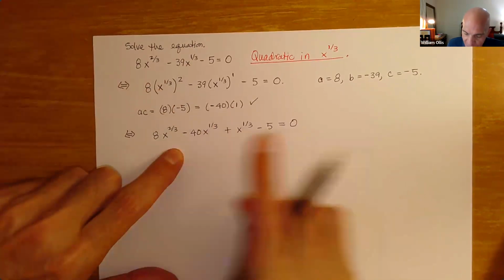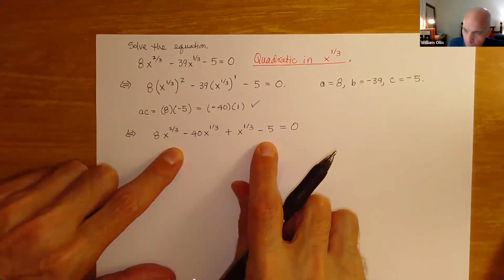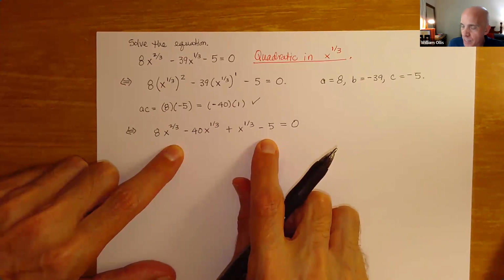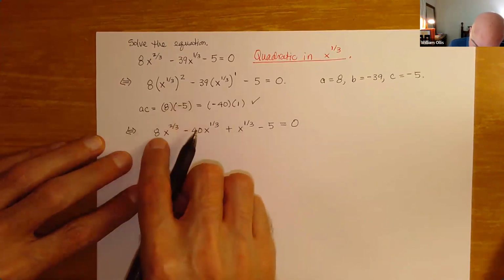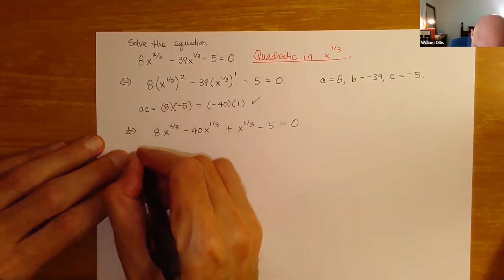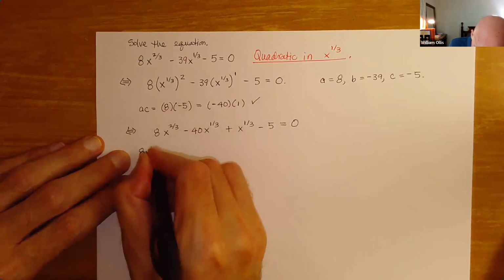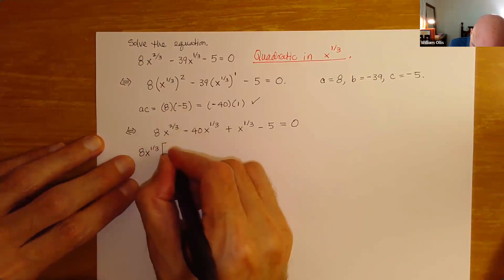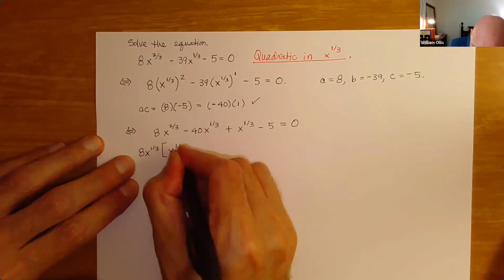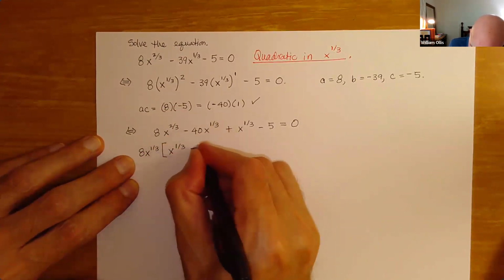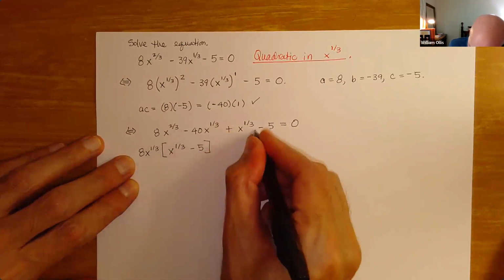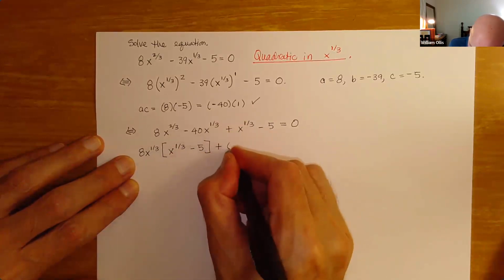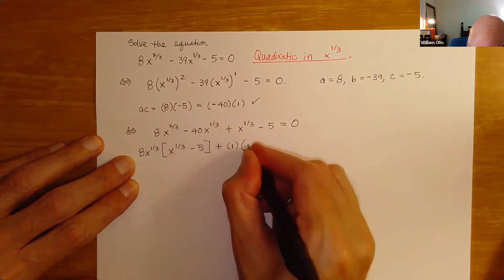So now we'll do the same factorization, factor by grouping, which I think is better than memorizing a formula. So we factor the 8 times x to the 1/3. And that will leave you with a what? x to the 1/3 minus a 5, which is what we have right here. This is just like the last problem. Very similar.